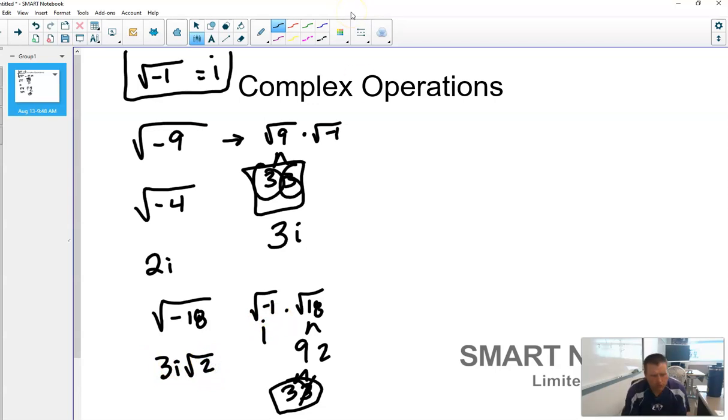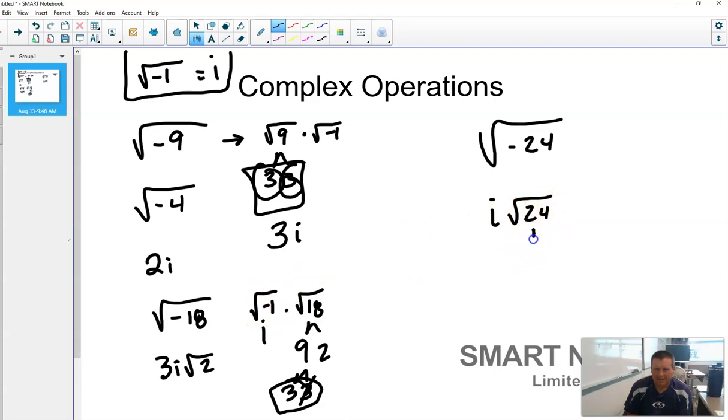So to kind of shortcut this, this is the reason why it's 3i square root of 2, but when I get the square root of -24, I automatically know there's an i out because we've got that square root of -1. And then I take care of this positive one like we've been doing already for the last little while.